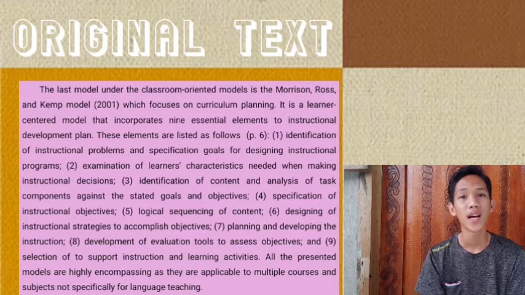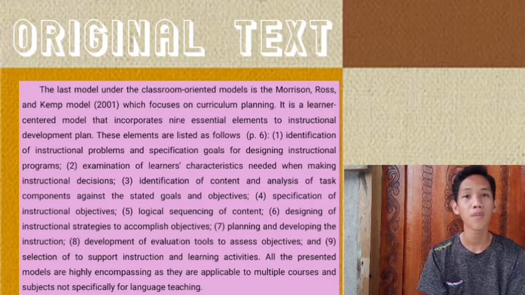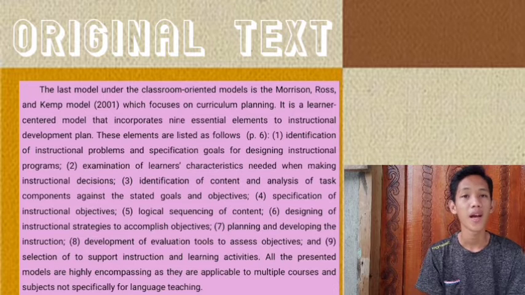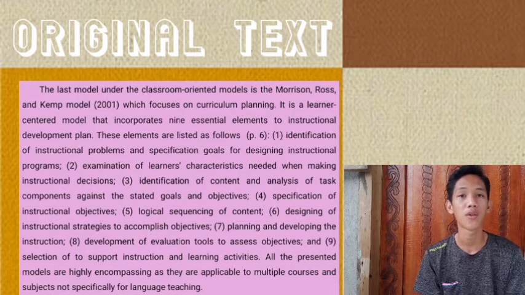The last model under the classroom-oriented models is the Morrison, Ross, and Kemp model, 2001, which focuses on curriculum planning. It is a learner-centered model that incorporates 9 essential elements into the instructional development plan. These elements are listed as follows. Number 1, identification of instructional problems and specification of goals for designing instructional programs.